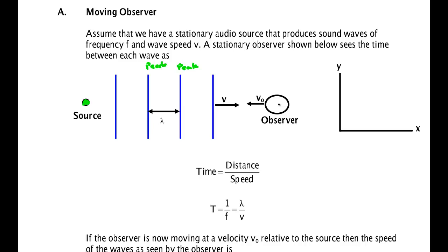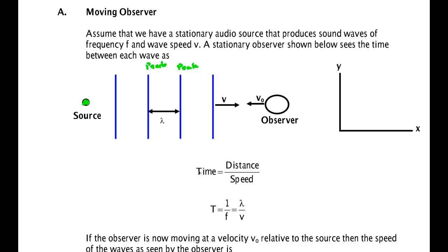Now, that speed v is the speed of the wave. The observer is running toward that source. Sound is the most common one, the one we're interested in, but let's think of water waves for a minute. These are the crests. If the observer was sitting here, these crests would take a certain amount of time to hit the observer, and the observer could determine the time that it takes for them to hit.